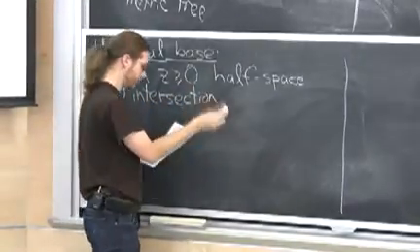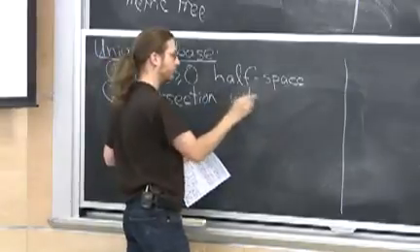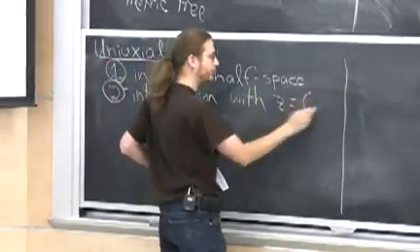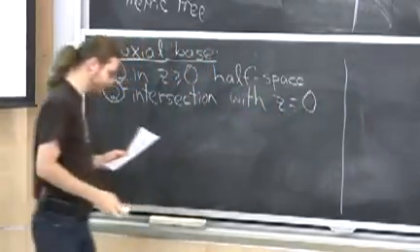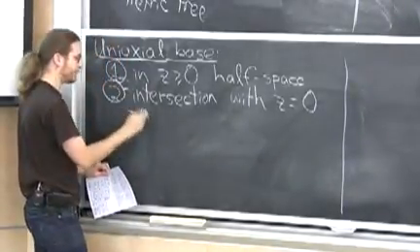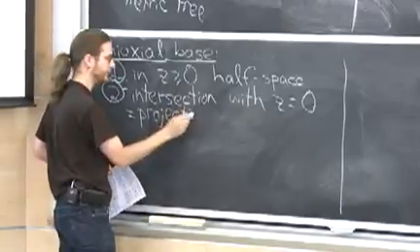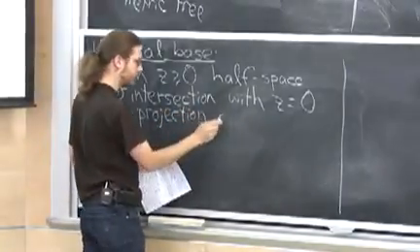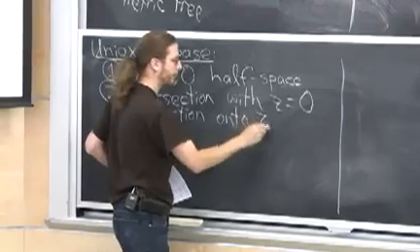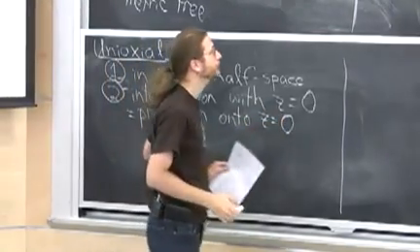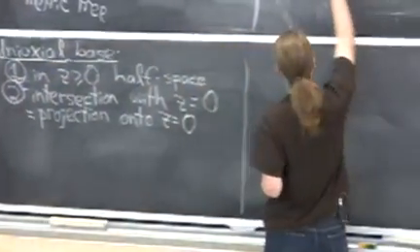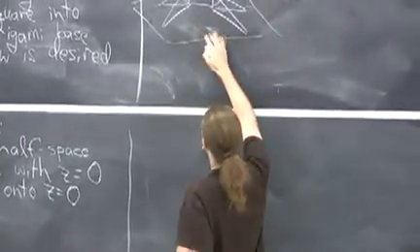Sort of a shadow property. If I look at where the base meets the floor, z equals 0, that's the same thing as if I look at the shadow onto the floor. Okay, this is essentially saying that this base does not have any overhang.